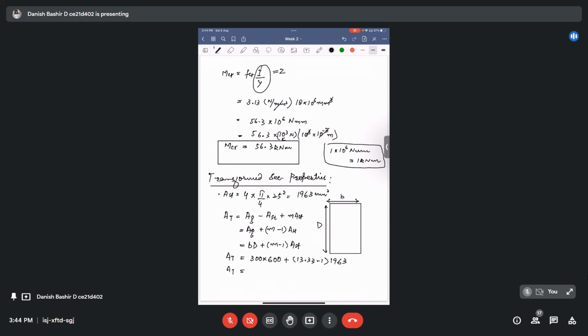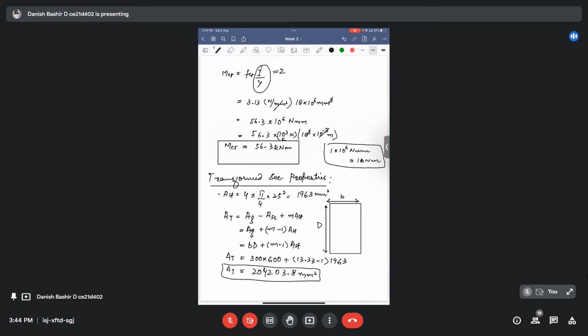This comes out to be 204203.8 mm square. So first our gross area was BD, AG, and now our transformed area has changed to something else. From this transformed area, we have to work out all the things now.